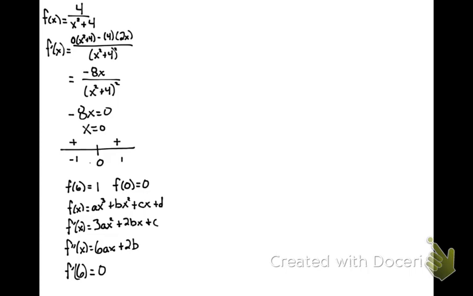So a couple things then. When x has a value of 6 in the derivative, then the whole function should equal 0. So one thing that's true is that 0 equals 36 times 3, which is 108a plus 12b plus c.